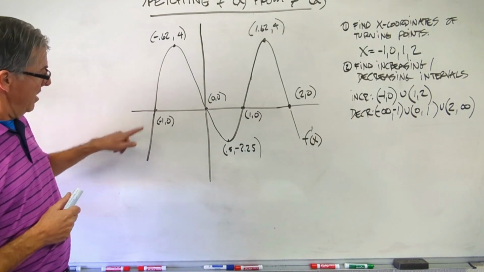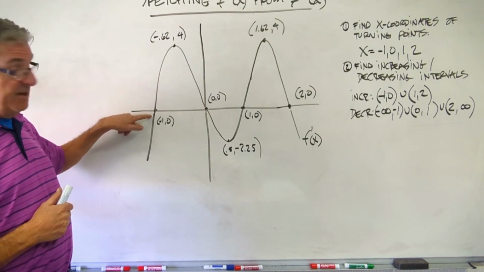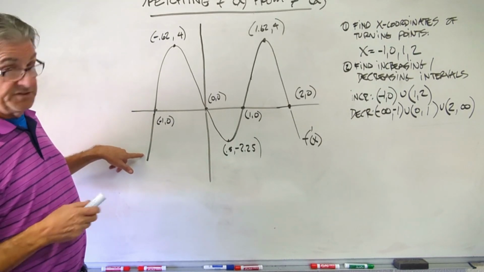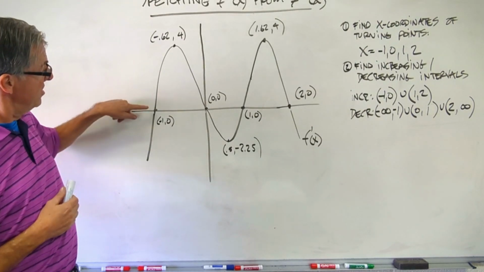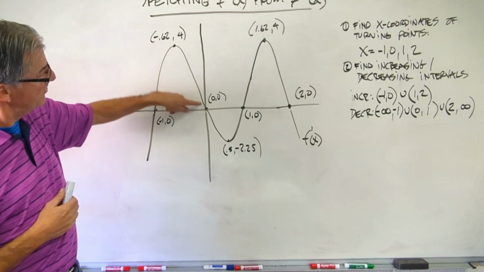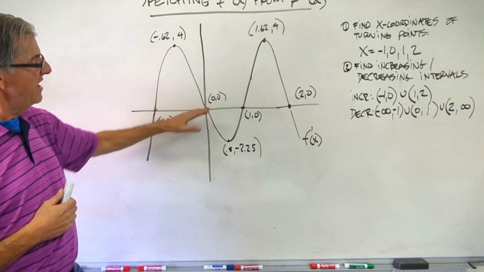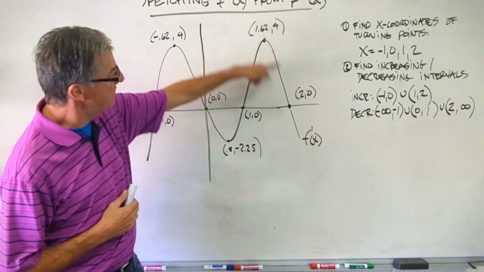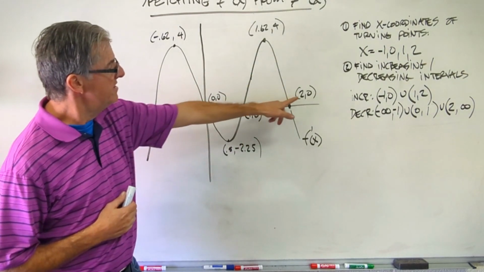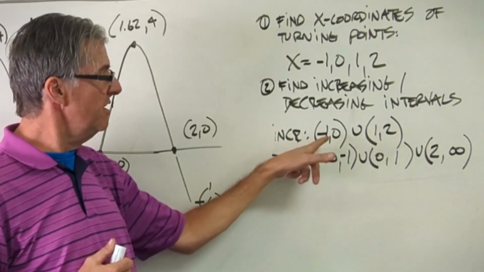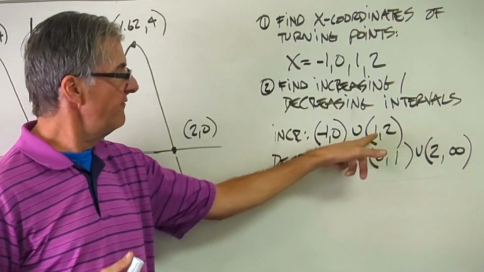Check this out. Up until -1, the first derivative is negative, so we know it's decreasing. Sticking with the increasing first, we have a positive first derivative all the way from -1 to 0, and then again from 1 to 2. So it's those two ranges: increasing from -1 to 0 and from 1 to 2.